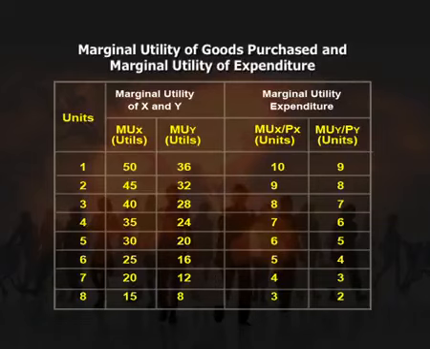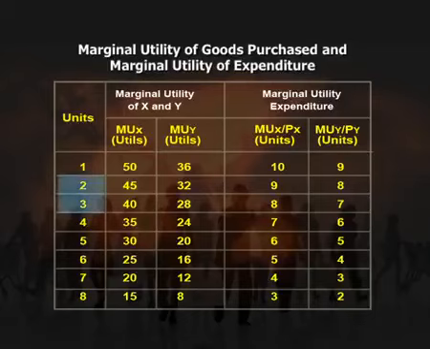Now, a rational consumer plans to allocate his budget of rupees 50 between both the goods X and Y. Since the first unit of good X gives him the highest utility, that is 50 utils, his first purchase would be X, which he buys at a given price of rupees 5 per unit.